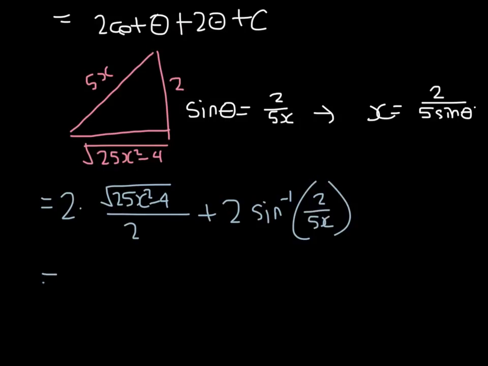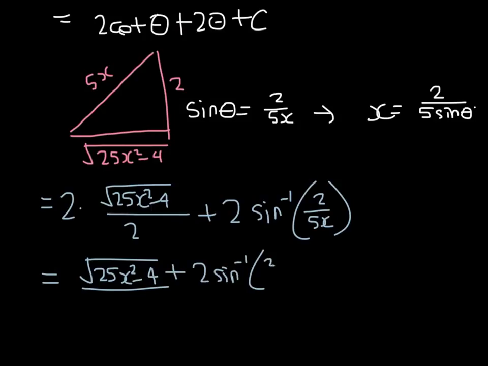And our 2's will cancel out to give us a full answer of the square root of 25x squared minus 4 plus 2 inverse sine of 2 over 5x plus c.